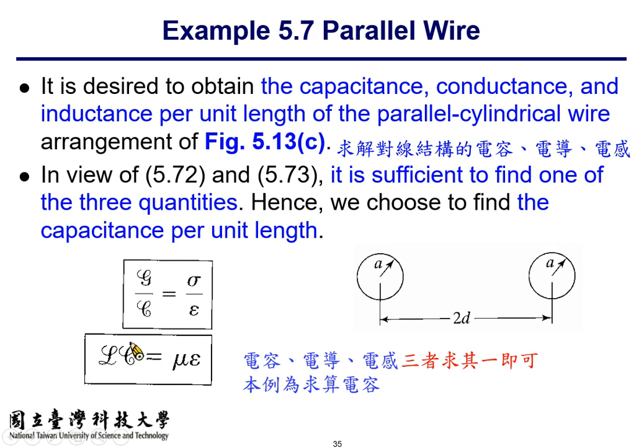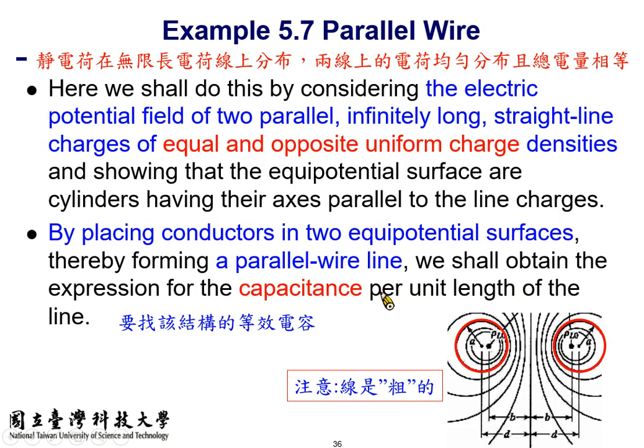So we will try to find out one of the 3 transmission line parameters, capacitance, conductance, and inductance. You just need to find out one of them. So let's find out the capacitance for this case.